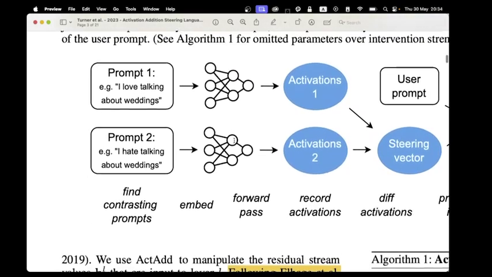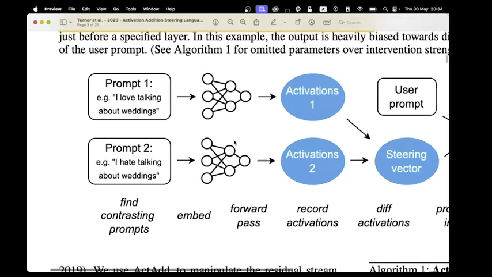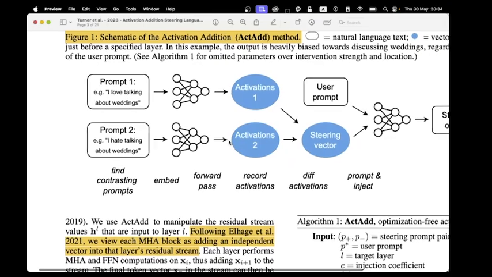Don't they actually, I just read some random papers about this stuff. But if I imagine we have one vector, I love talking about weddings, and another vector, I hate talking about weddings, and this is the wedding direction. We subtract one from another, we get a perpendicular vector, and then we take 90 degrees from it, and we get the wedding vector. Don't they do this orthogonalization thing here?